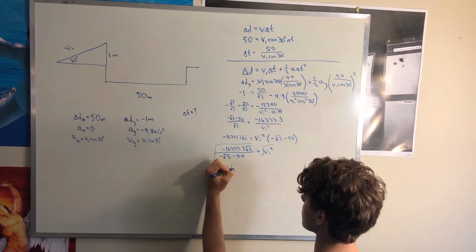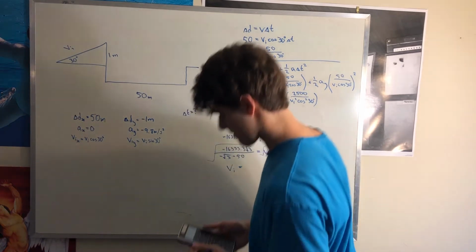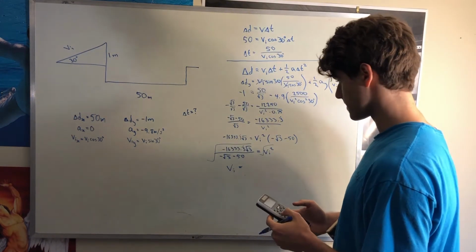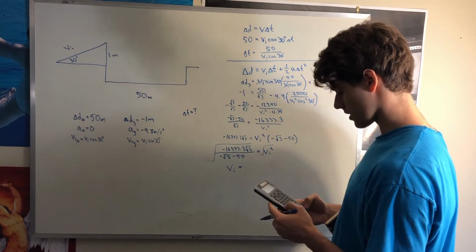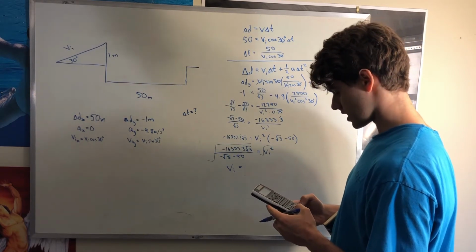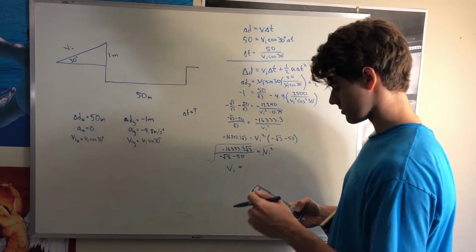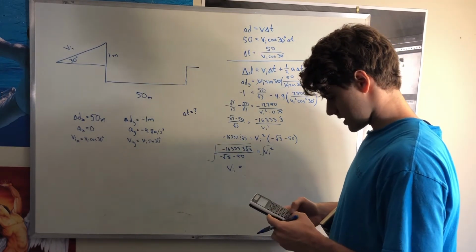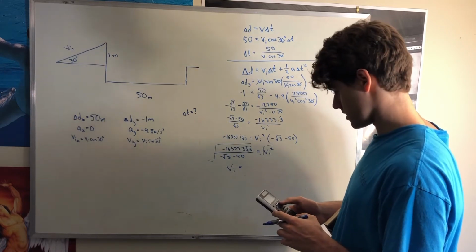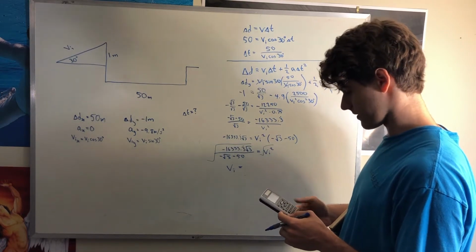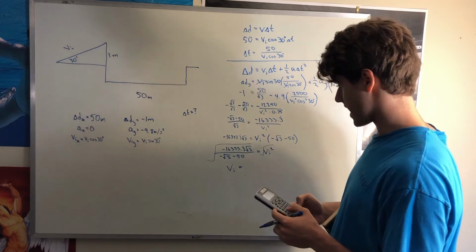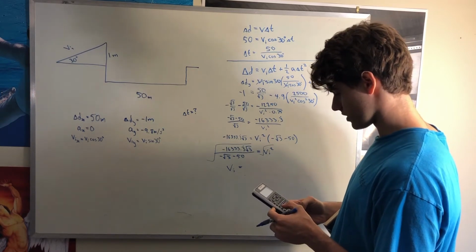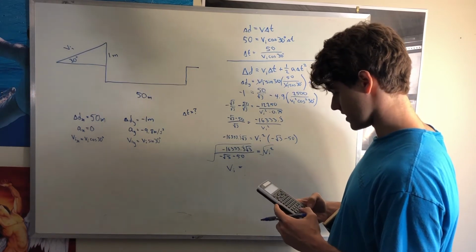Okay, so vi. Now you've got to be careful that you don't mess this up on your calculator because it's pretty complicated. So I have the square root of negative 16,333.3, going on forever, so I'll just do 1 over 3 times the square root of 3, all of that divided by negative root 3 minus 50, okay?